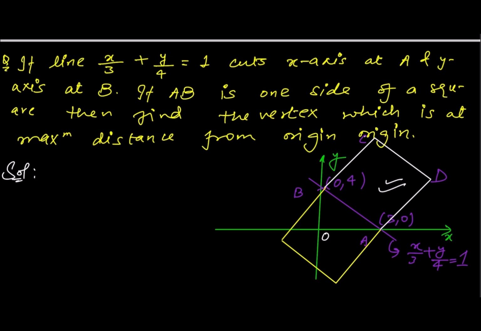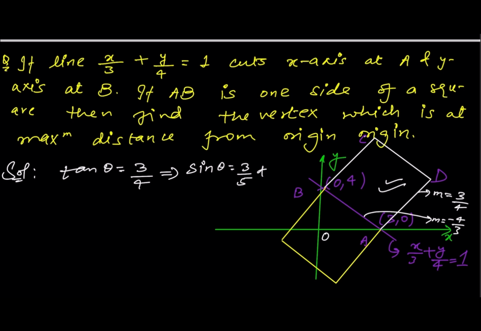So now let's start. Slope of AB is minus coefficient of x upon coefficient of y, which is -4 by 3. So slope of AD is 3 by 4, because AB and AD are perpendicular. So tan theta is 3 by 4, implies sin theta is 3 by 5 and cos theta is 4 by 5.